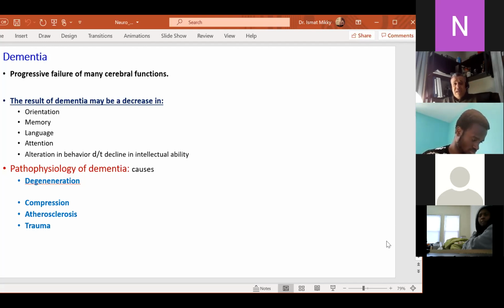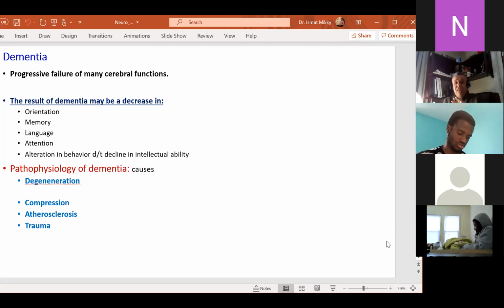We'll get to that also in the next chapter. Or progressive dementias produce nerve cell degeneration and brain atrophy, which results in the destruction of brain cells, and brain atrophy.